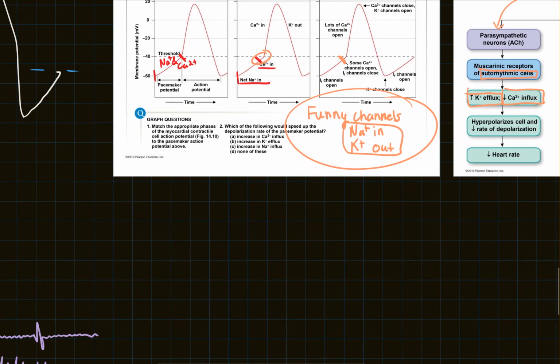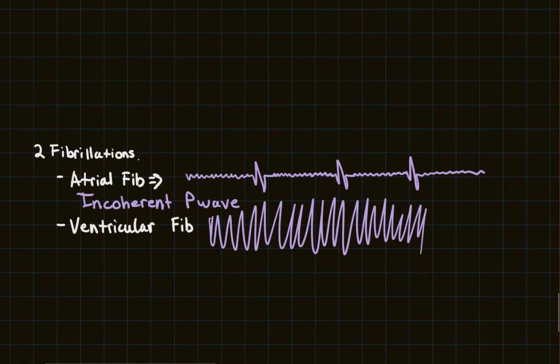Okay, the second clarification I wanted to make was on EKGs. So just as a reminder, EKGs record the electrical activity of all of the cells in the heart, so the autorhythmic and the contractile cells. Now, when we talked about the pathologies of that, two of them that we talked about were the fibrillations.